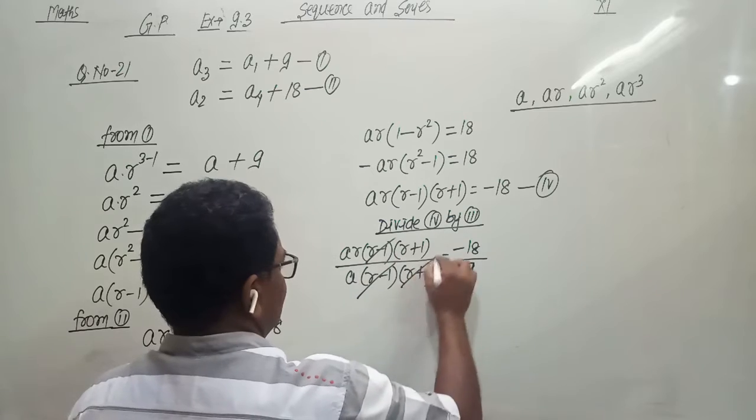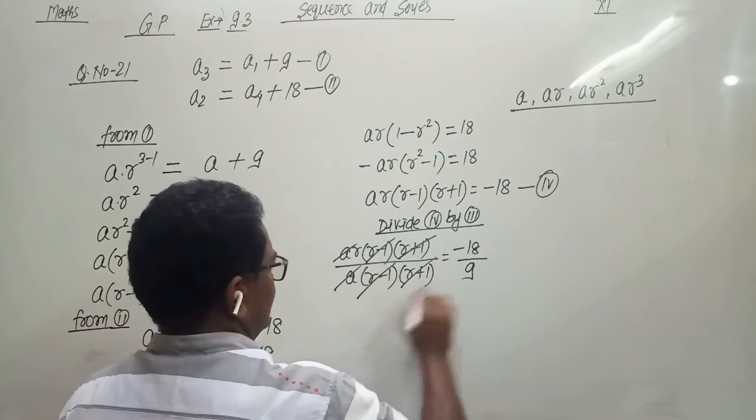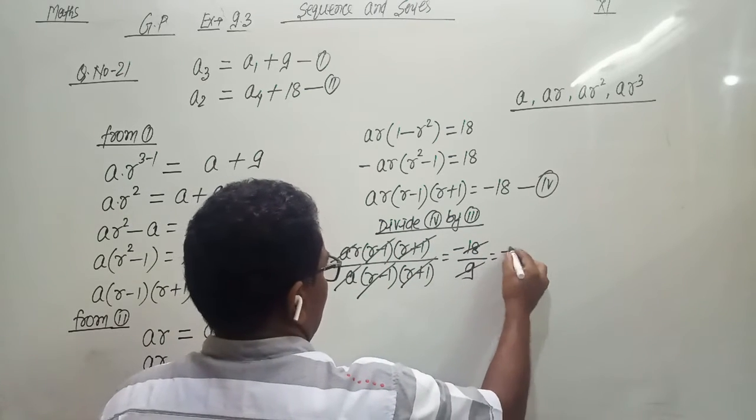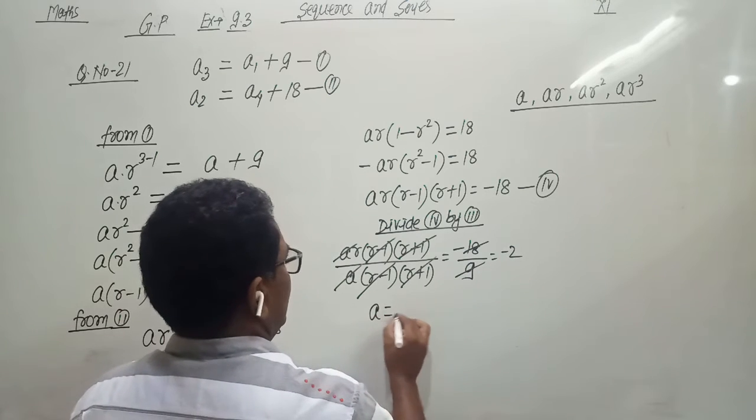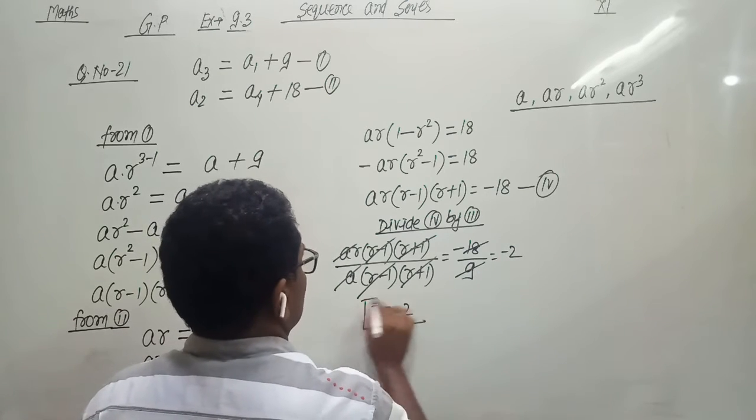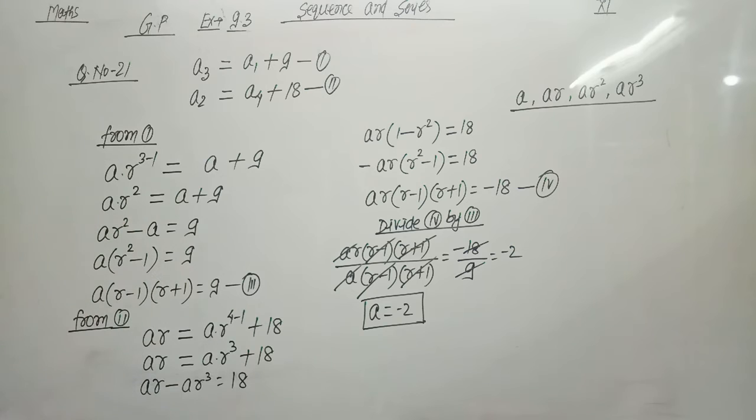R minus 1 cancels, R plus 1 cancels, and we get the value of A equals −2. The value of A comes to be −2.